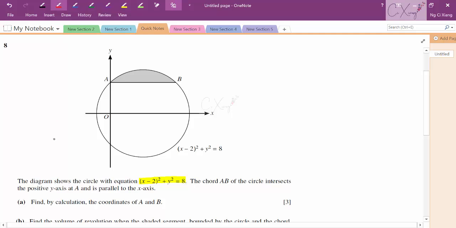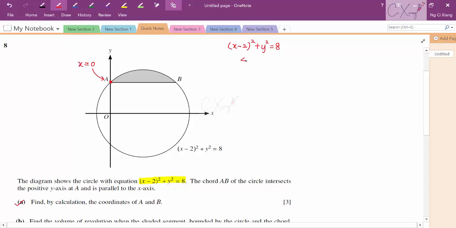For the first part of the question, they want us to get the coordinates of A and B. All right, so maybe I can start from this point first. Since A is the y-intercept, we know that at this point, x equals 0. Therefore, in the circle equation, when x equals 0, what is the value of y?